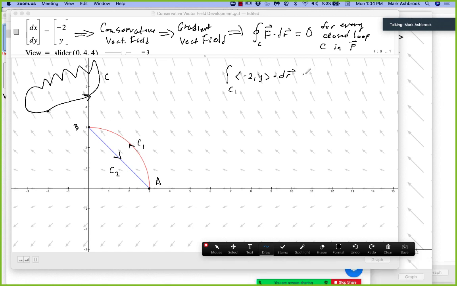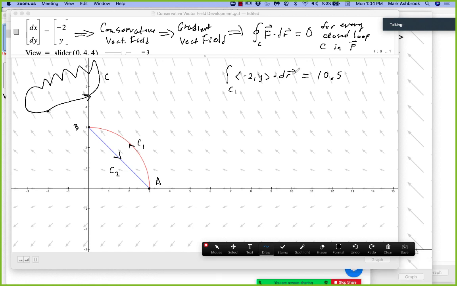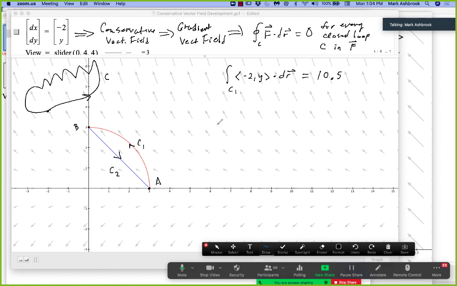So I'm going to tell you, without calculating it, that its value is 10.5, or about. Okay? So we know how to do it. We'd parameterize the path, rewrite our vector field in terms of x and y from the path, find our dr, do the dot product, do the Calc 1 integral. So I'm telling you that value is 10.5.